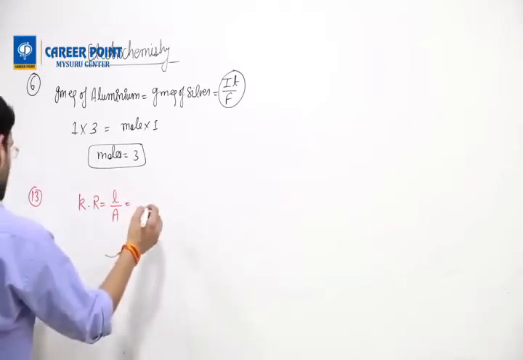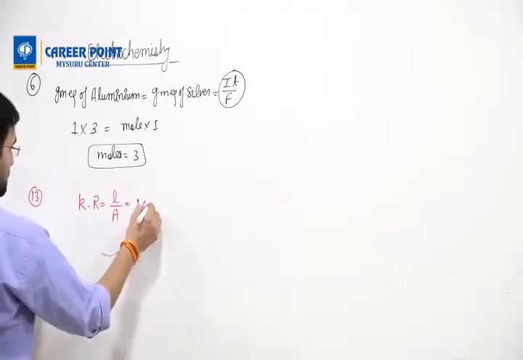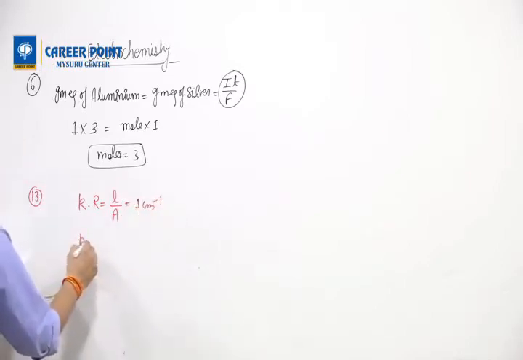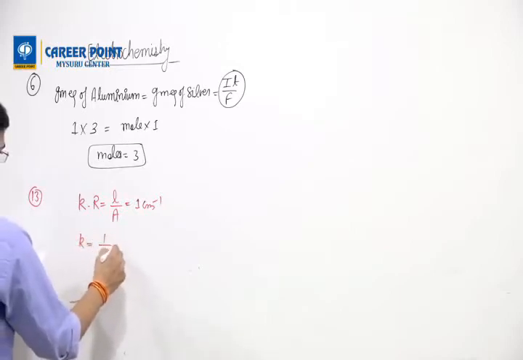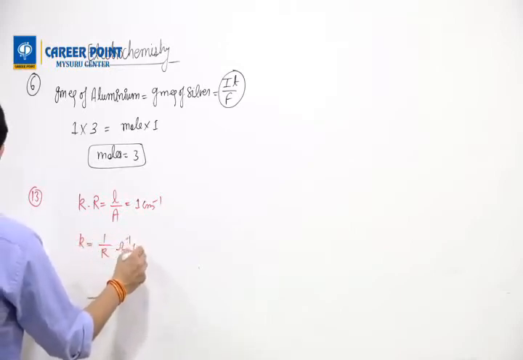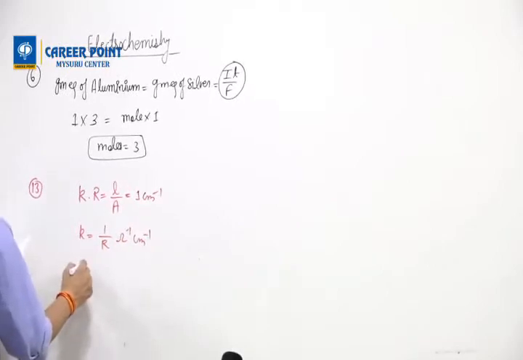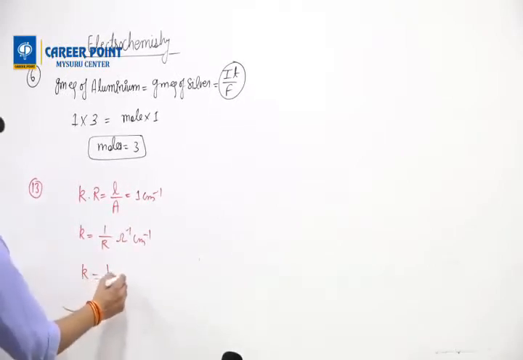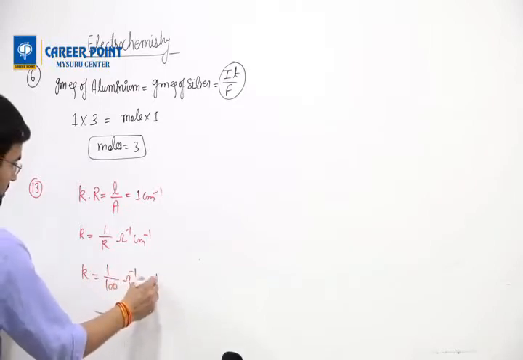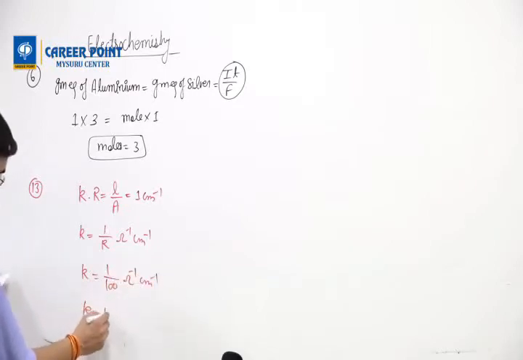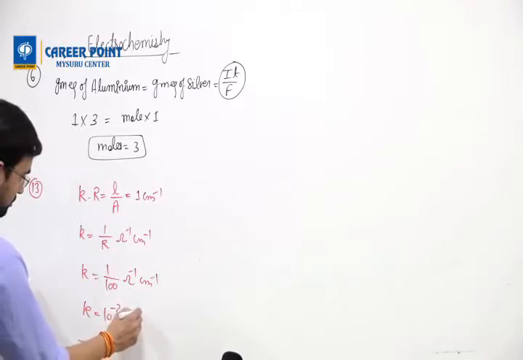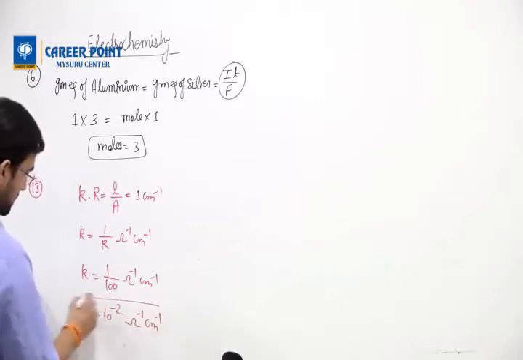Cell constant value is given 1 centimeter inverse. So K is equals to what? 1 by R ohm inverse centimeter inverse, and how much R? 1 by 100 ohm inverse centimeter inverse. So K is equals to 10 power minus 2 ohm inverse centimeter inverse.